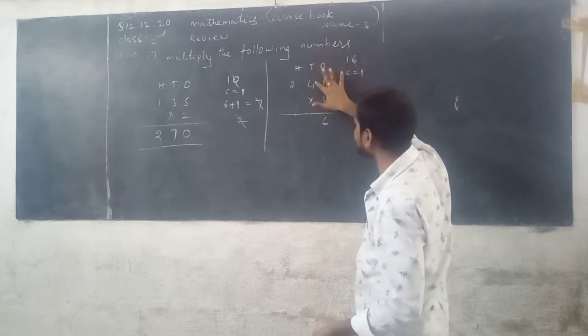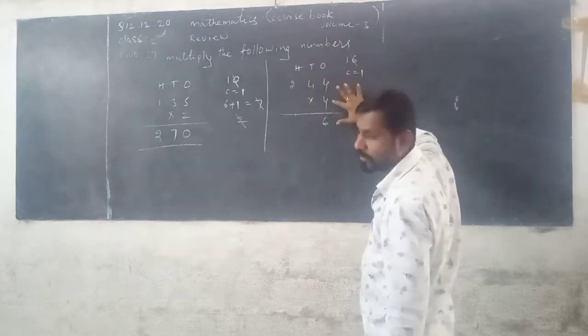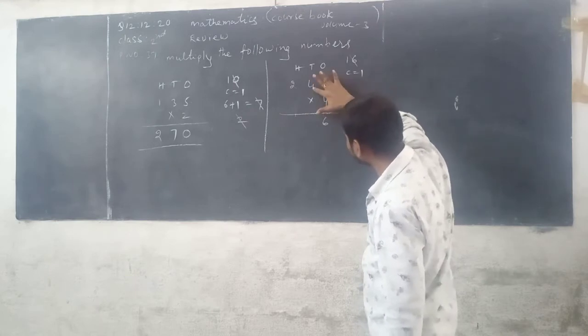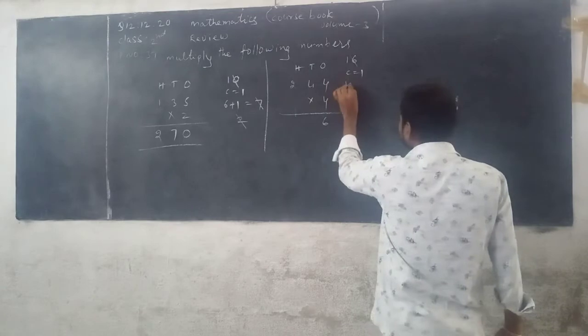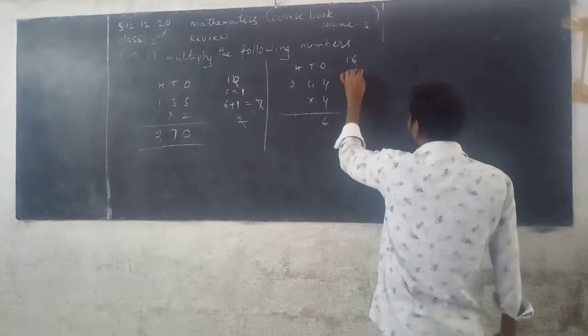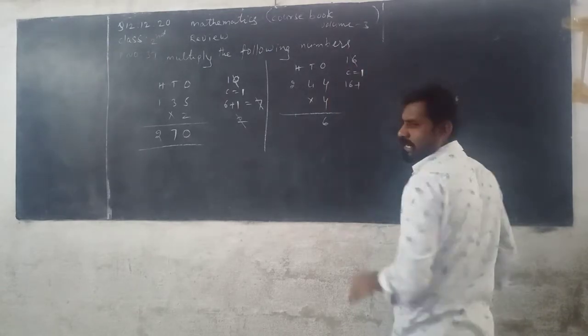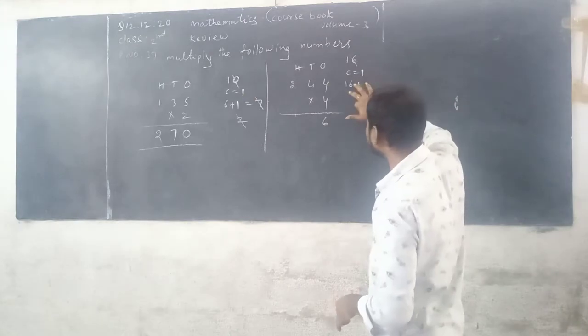Now next, we multiply the digit in the tens place. The tens place digit is 4, with 4. Then 4 4s are 16. So 1 is carried over, no, beta? 1 is added to 16.